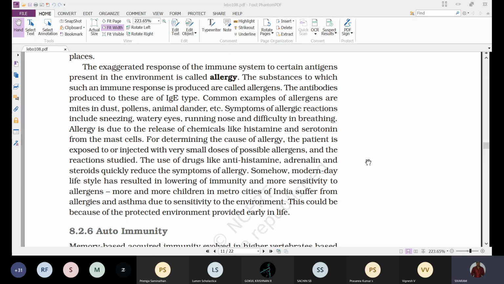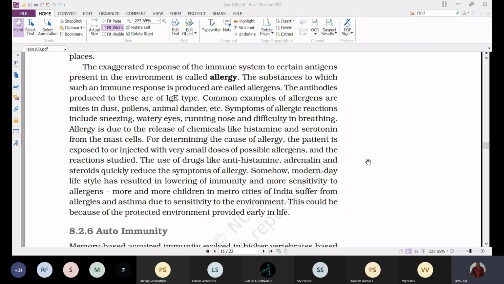How are we able to know? Because they are all tested. They are given that type of food, and they observe the reactions, any changes taking place in the body, by which they can identify the allergen. So, for determining the cause of allergy, the patient is exposed to or injected with very small doses of possible allergens, and the reactions are studied.